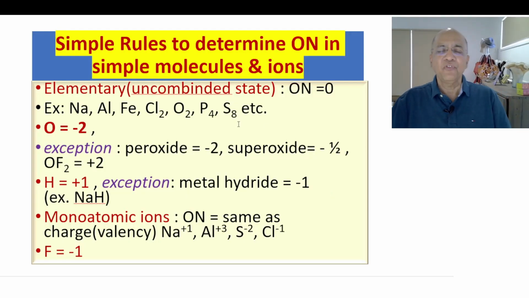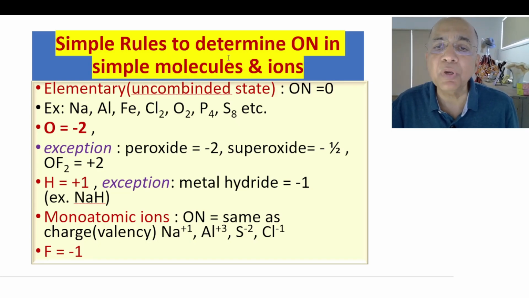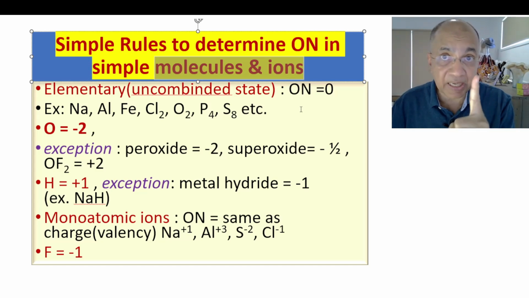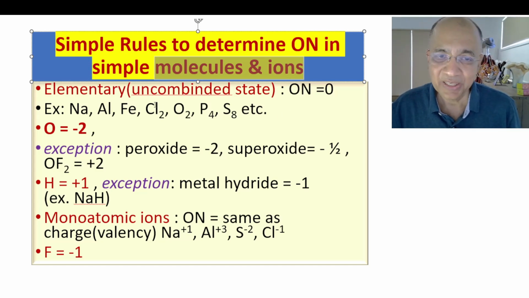Now, for the school level, we will follow some simple rules to determine oxidation number in case of simple molecules and ions. Needless to repeat, oxidation number is determined for a single atom. I repeat, single atom. These rules are: number one, for any substance in the elementary state or uncombined state, the oxidation number of the atom is 0.